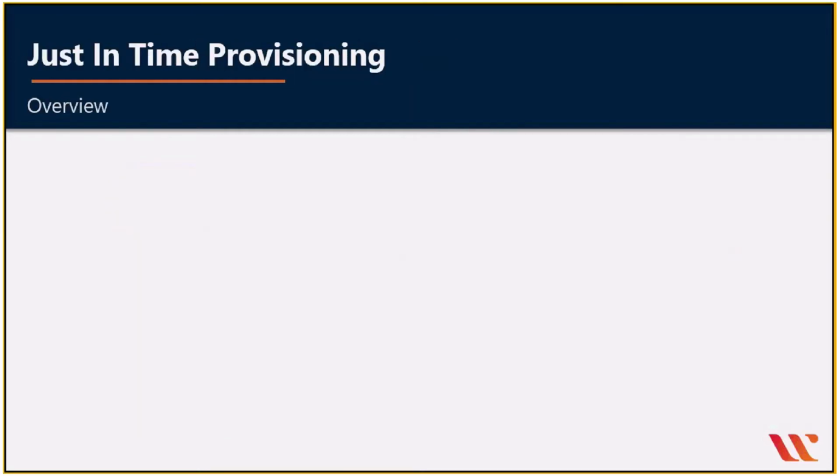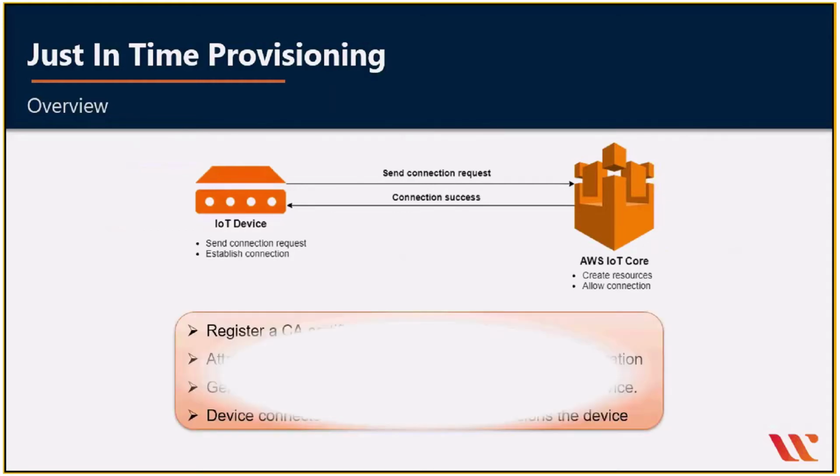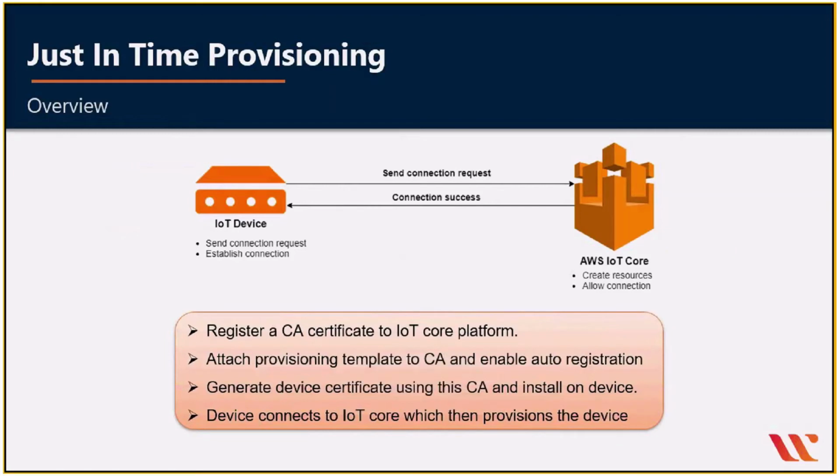Just-in-time provisioning, or JITP, is the process of provisioning in which the device is provisioned when it connects to the platform for the first time. To enable JITP, one has to register a CA certificate to the IoT Core platform and attach a provisioning template to it. CA certificate is used to sign the device certificate and provisioning template is used to map the data coming from the device to create IoT Core resources.